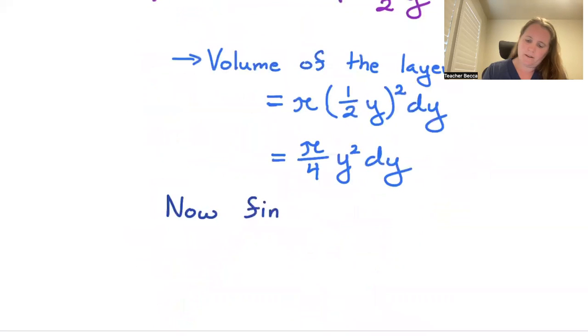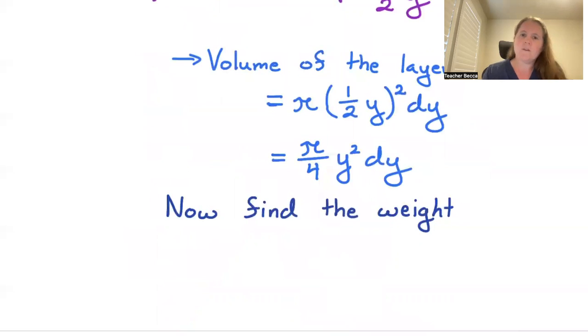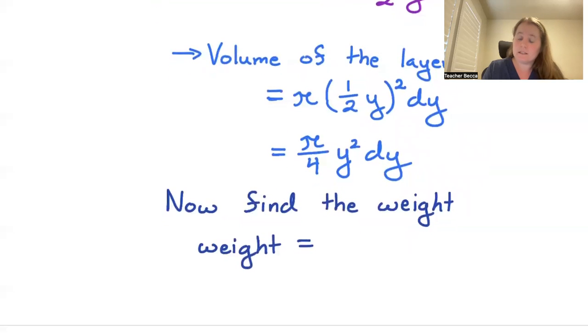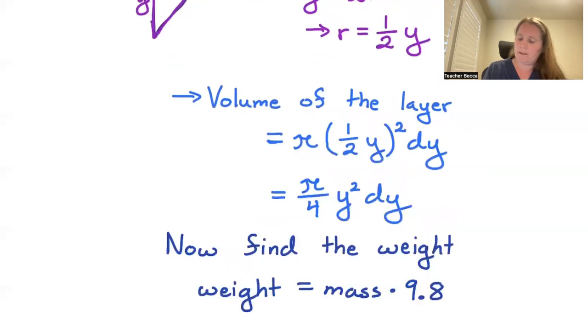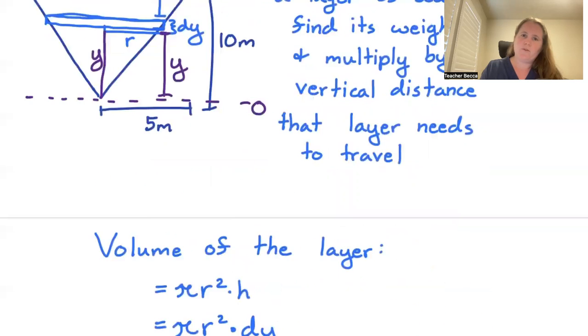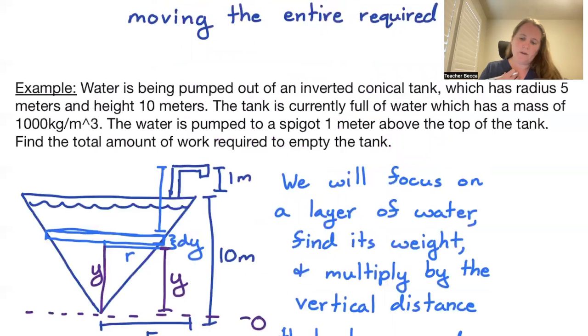From here, we need to find the weight. Weight, when we're working in the metric system, is the mass times 9.8, specifically 9.8 meters per second squared. So we need mass. Now, if we scroll back up to our problem statement, we are told that the density is 1,000 kilograms per cubic meter.